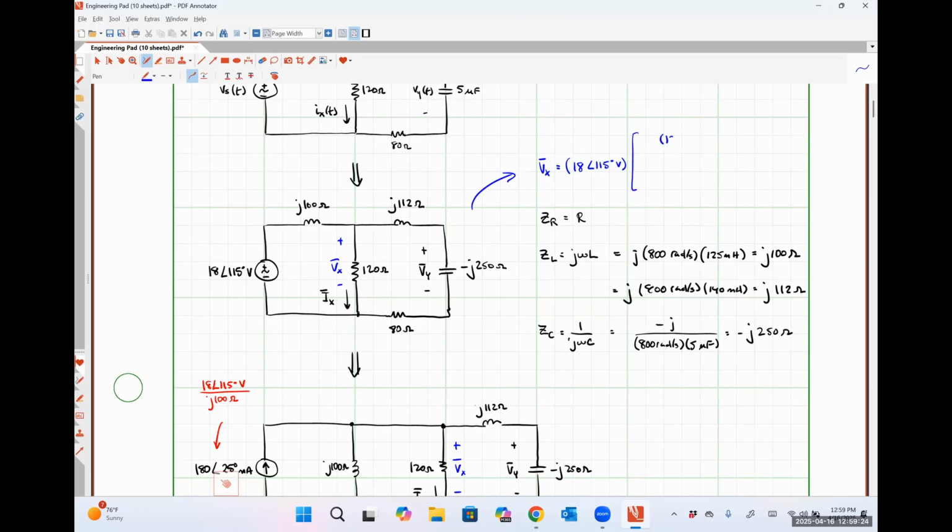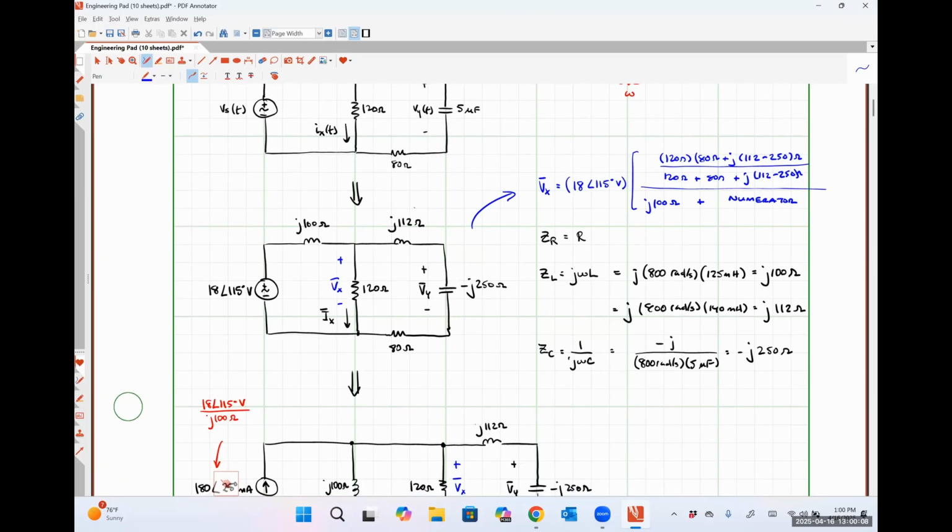So that's the 120 ohms in parallel with 80 plus j112 minus 250, over 120 plus 80 plus j112 minus 250, all over j100 plus, and I'm just going to put the numerator here because I'm running out of space, but it's literally exactly what I put in the numerator.